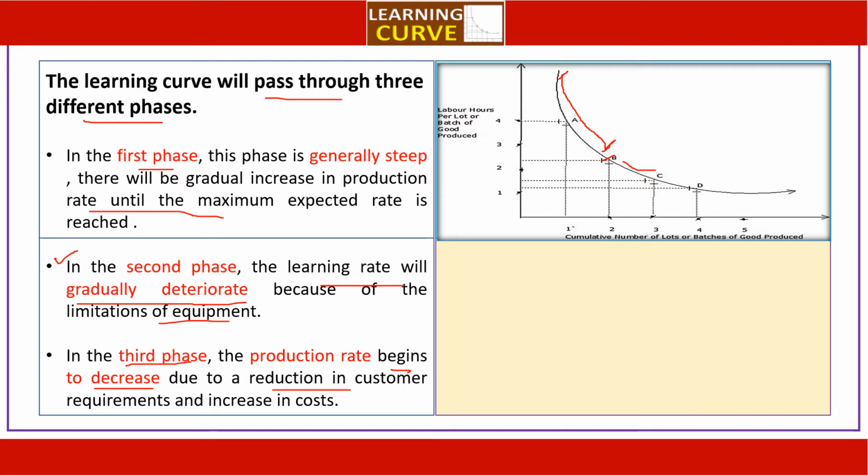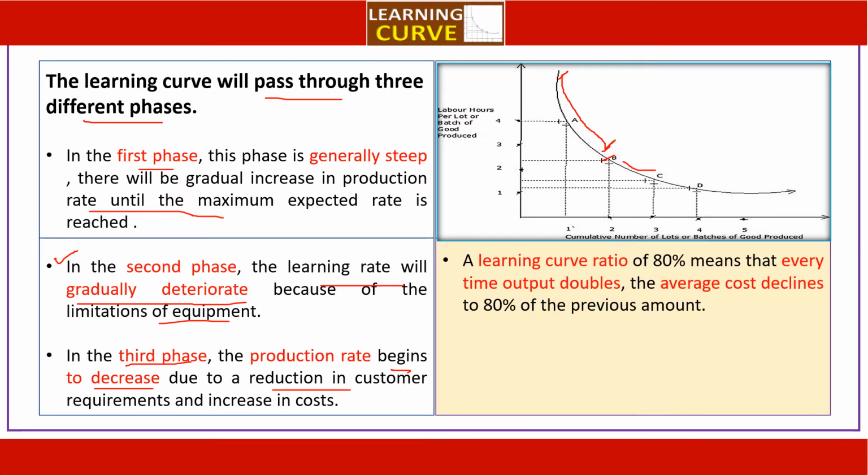Now these are the three phases, and normally this curve is identified by a percentage, which is known as the learning curve ratio. For example, if you see here, it is 4 at 1 unit. When it doubles, it comes to 2.4. If you look at 4 and 2.4, the ratio is 60%.